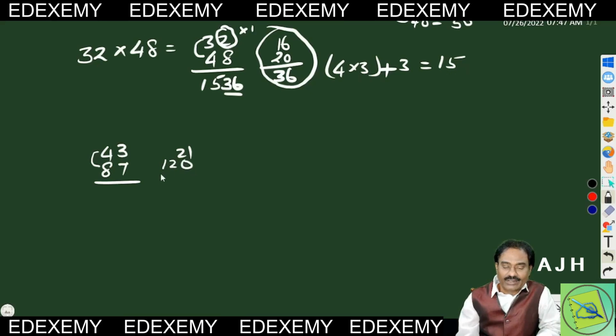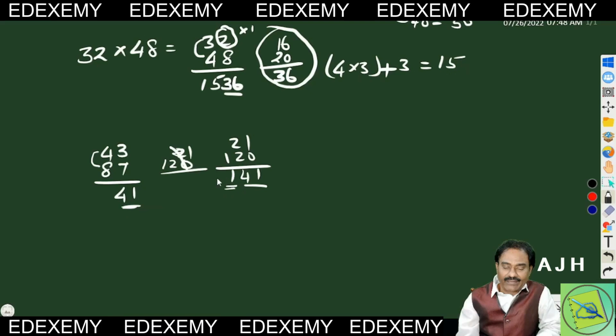You should not write 12 as it is, you have to put a 0 and make it a tens digit. So 21 plus 120 is equal to 141. You take that 41 and write it here, that is the last two digits. Always there will be only two digits. If 3 digits come, this 1 will carry forward.